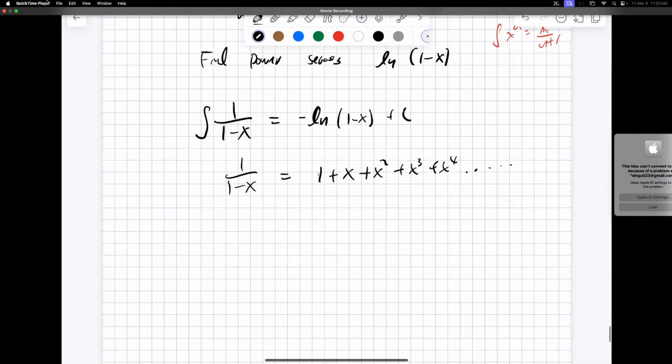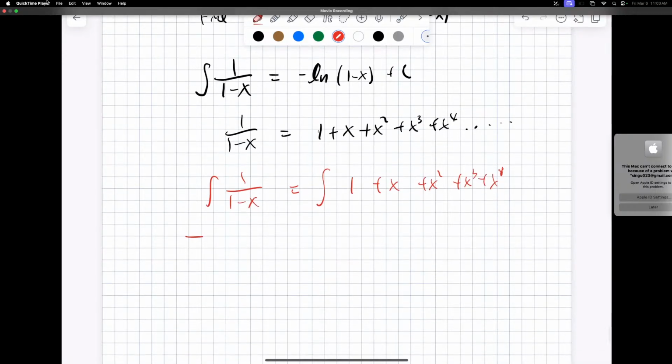Now, what happens if I integrate both sides? This one is going to be negative natural log of 1 minus x. We're going to worry about plus c on the right side.